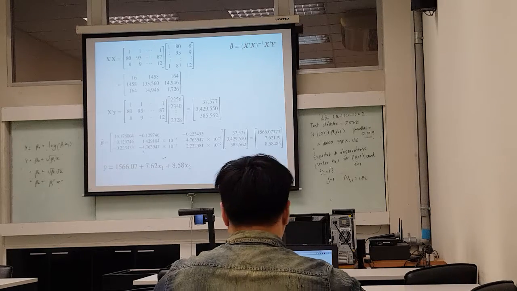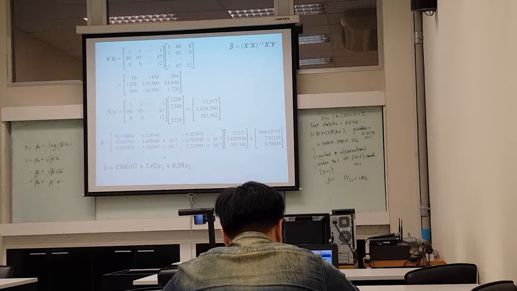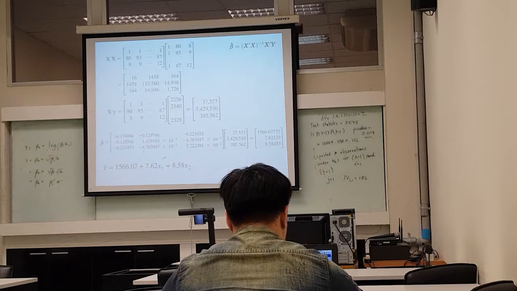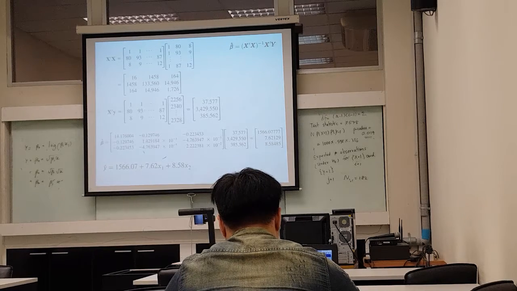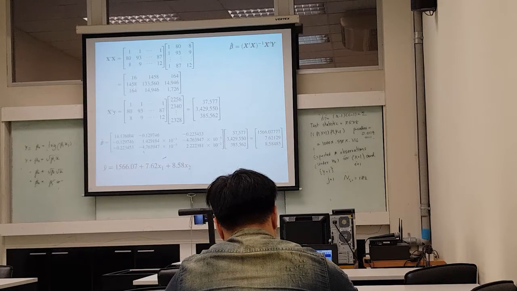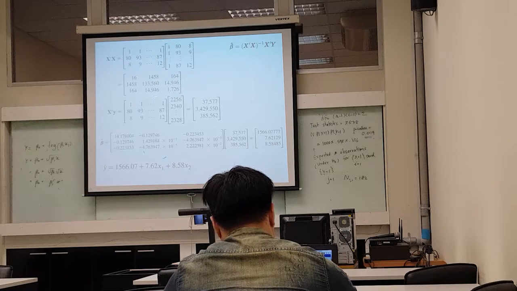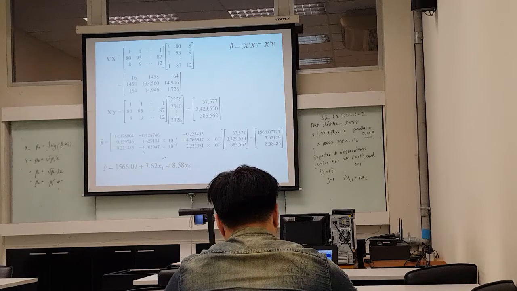So you have to invert this one first. Usually we use a program or software to do it. You do not do hand calculation. It's too hard for you to do a matrix inverse. Actually, you can do it up to 3 by 3, but that would be too difficult.